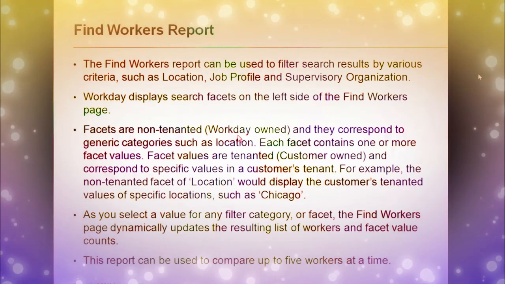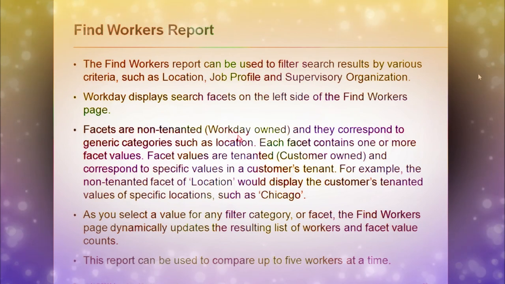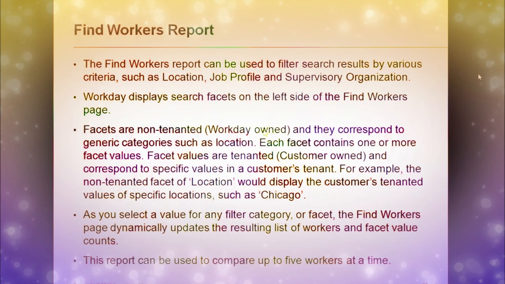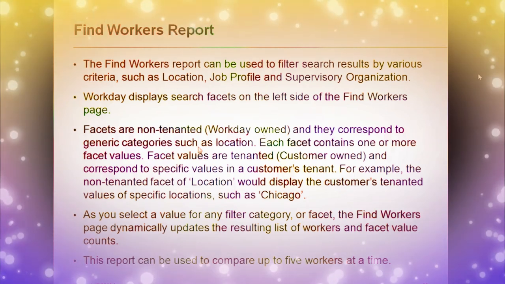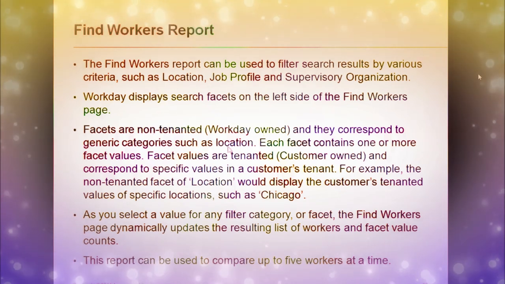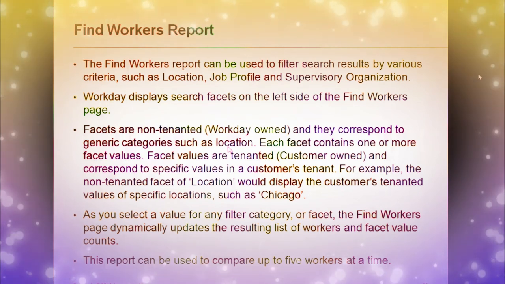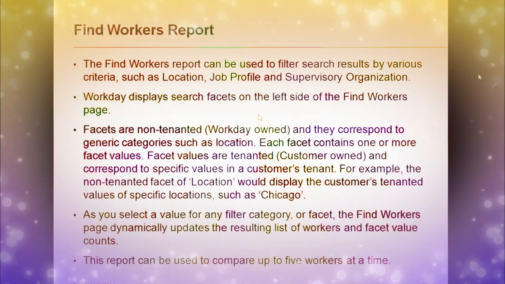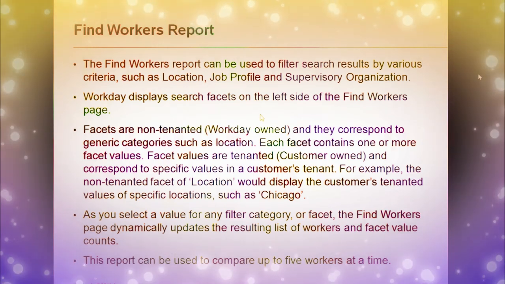But here facets are non-tenanted, owned by Workday, and they correspond to generic categories such as location, job profile, or supervisory organization. Each facet contains one or more facet values.